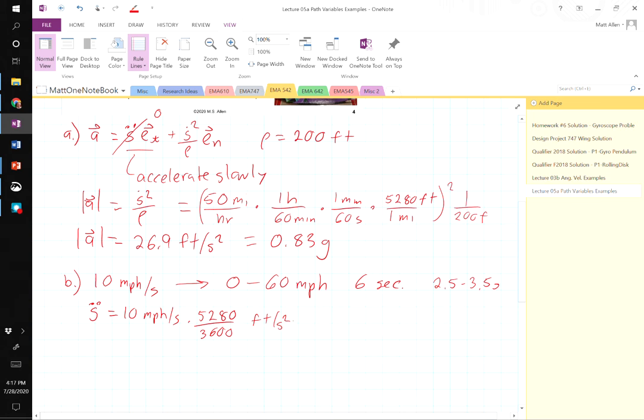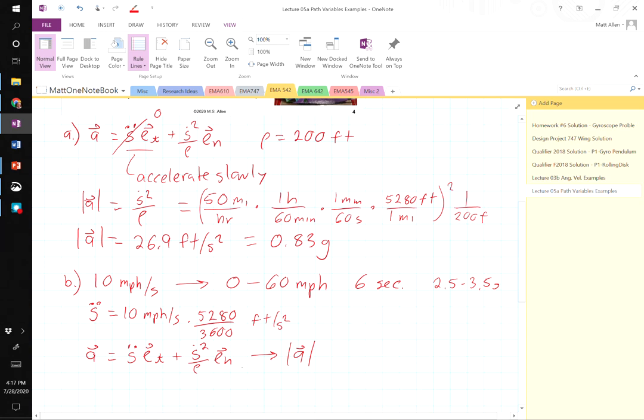And so we'll use the fact that the acceleration is s double dot et plus s dot squared over rho en. And now we can take the norm of this. What we want is to know the magnitude of the acceleration to get our skid pad score.